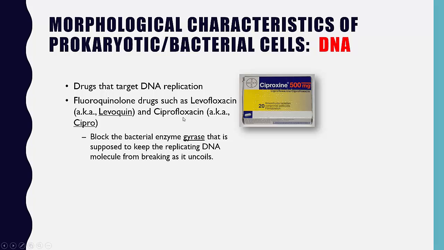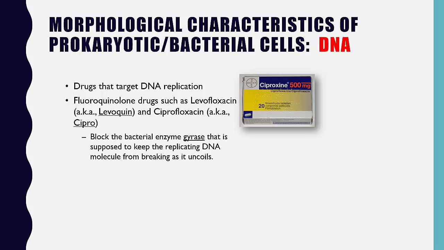Well, like I said, they are involved in blocking DNA replication or DNA synthesis. But what exactly? What's the target? Well, it turns out that bacteria have a special gyrase. Remember the enzyme that works in DNA replication, gyrase? Okay, bacteria have their own kind that is kind of different than ours.